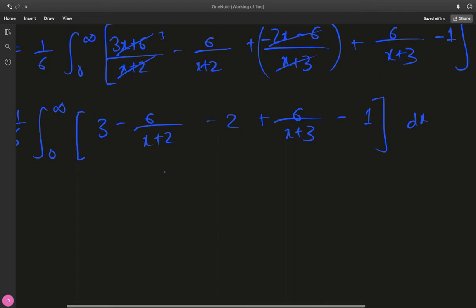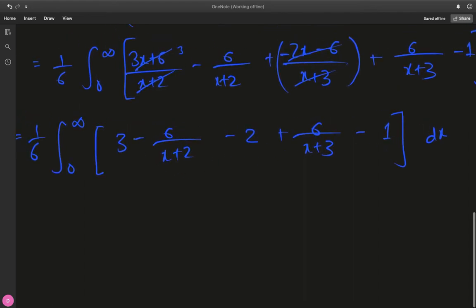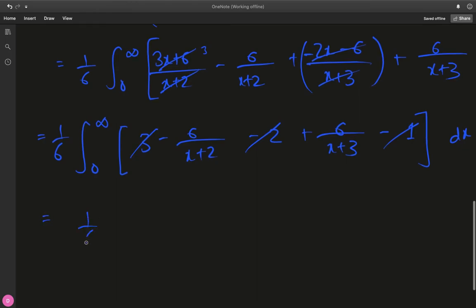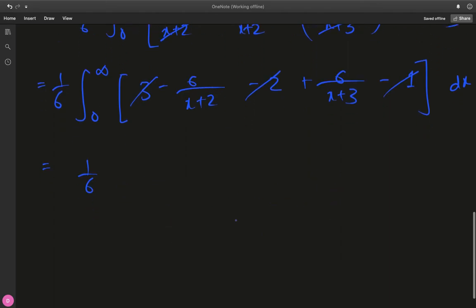So notice 3 minus 2 is 1, and this minus 1 will cancel everything off to 0. So we just have 1 over 6 times the integral from 0 to infinity of 6 over x plus 3 minus 6 over x plus 2 dx.